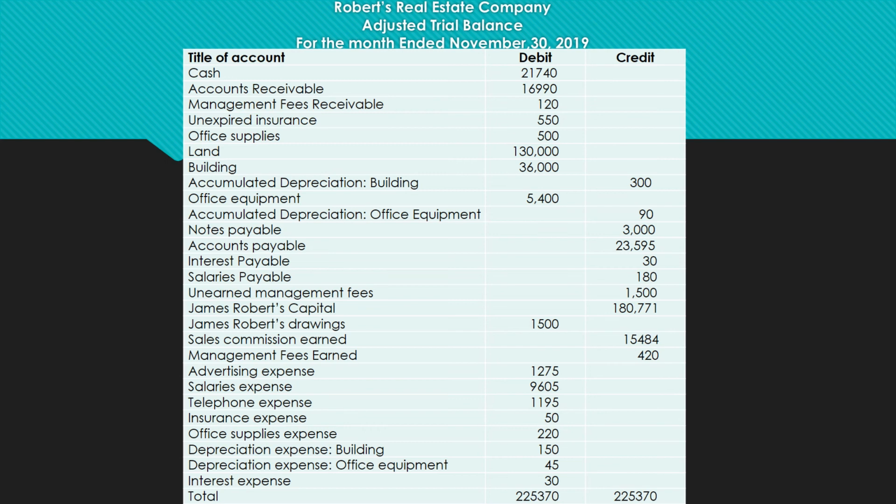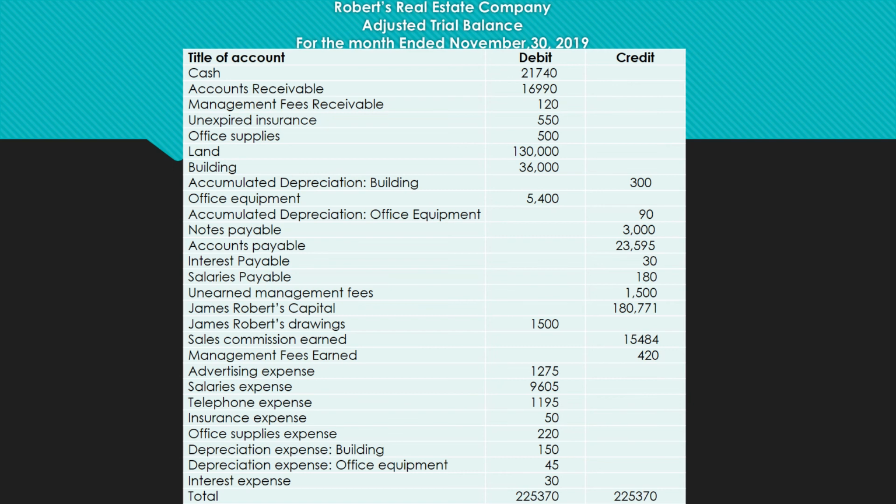Now after telephone expense, these are the expenses accounts which we created in adjusting entries. Insurance expense for the month of November 50, office supplies expense for the month of November 220, depreciation expense charged on building 150, depreciation expense charged on office equipment 45, interest expense incurred on the loan for the month of November 30.